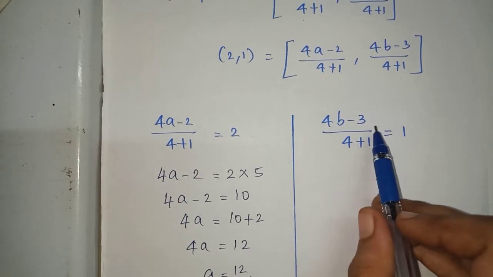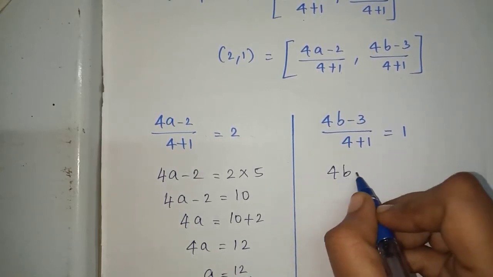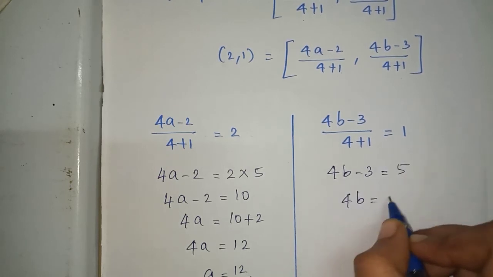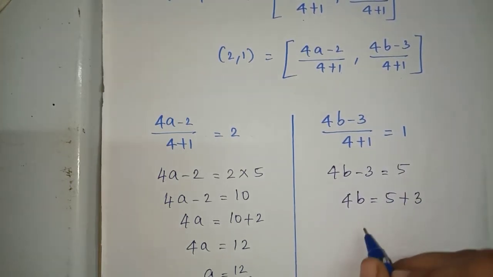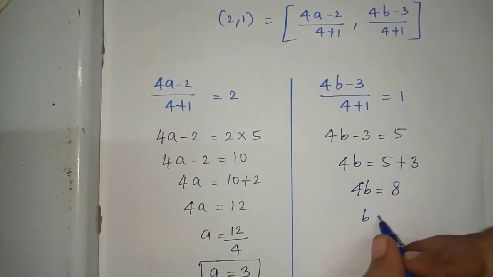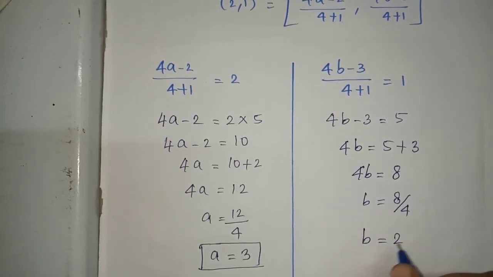Then 4b minus 3 divided by 4 plus 1 is equal to 1. 4b minus 3 is equal to 5. 4b is equal to 5 plus 3, which is 8. b is equal to 8 divided by 4. The value of b is equal to 2.